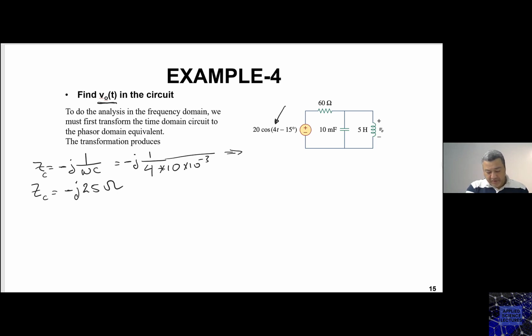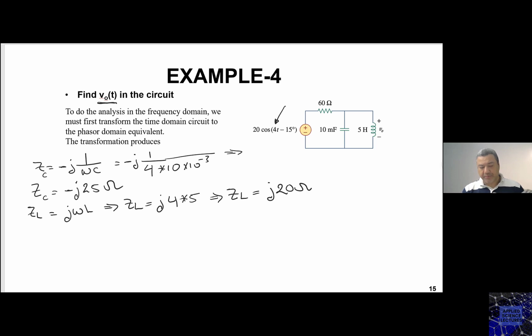For the inductor, it is j omega L, j omega, 4 times 5, j20 ohm. Right? So these are the impedances. And now I can redraw the circuit.